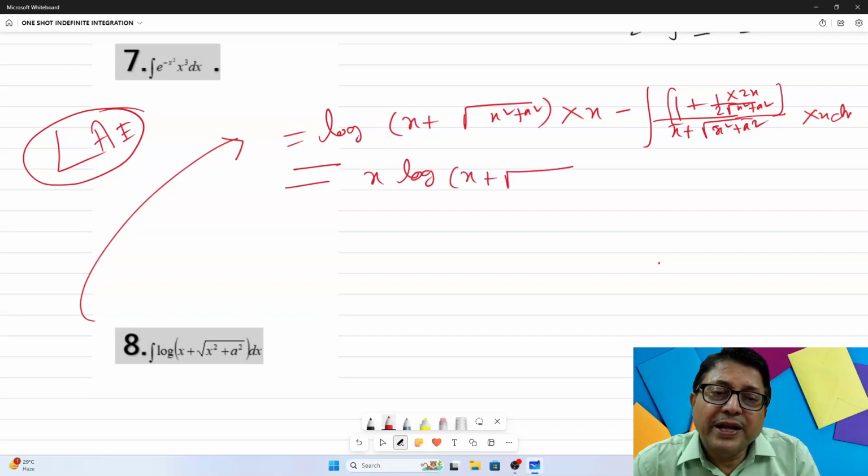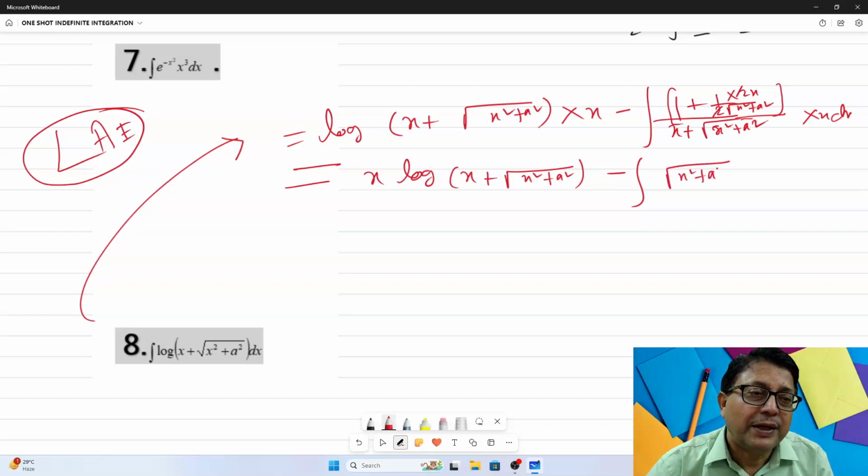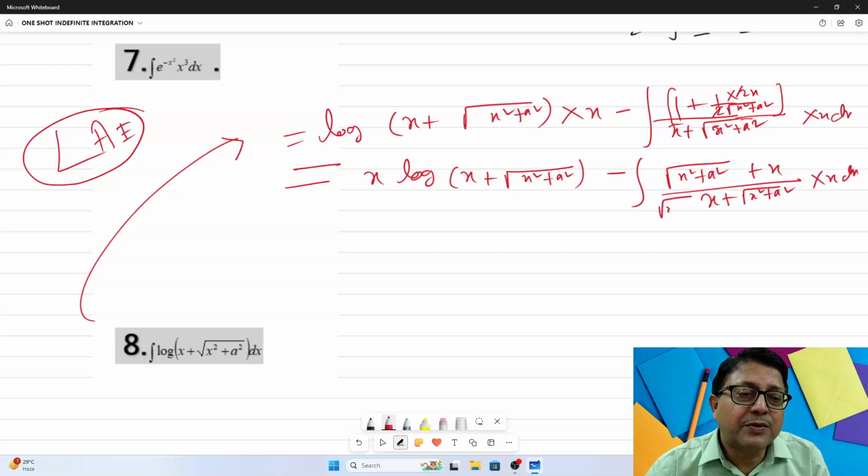x log of x plus root over x square plus a square, minus, 2 and 2 getting cancelled, x square plus a square plus x by, alright, one more x square plus a square is there.